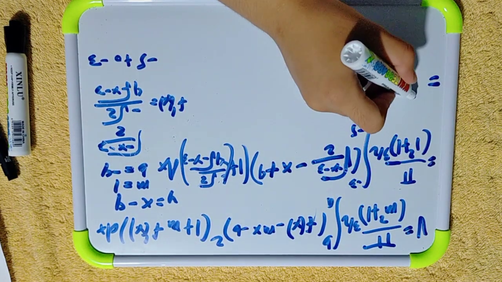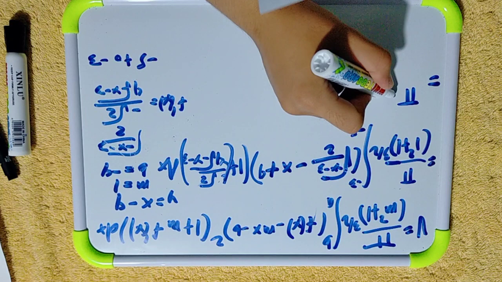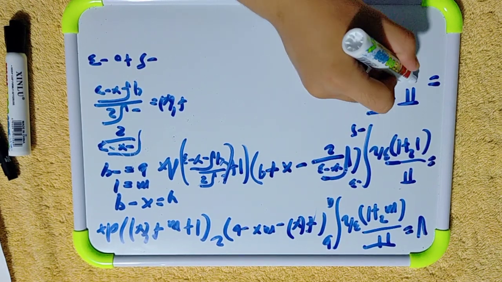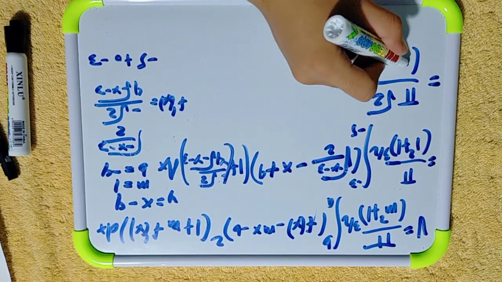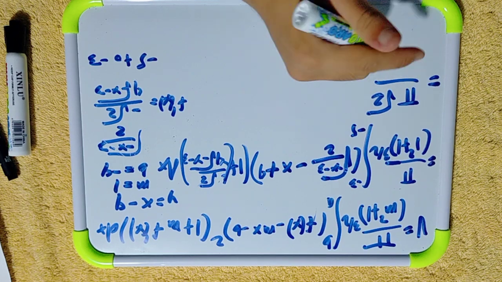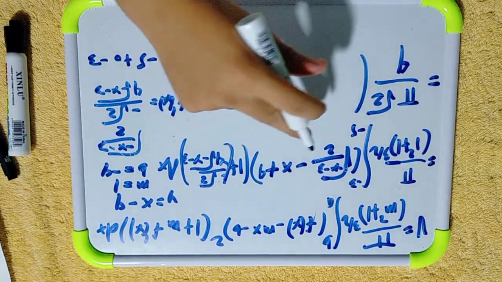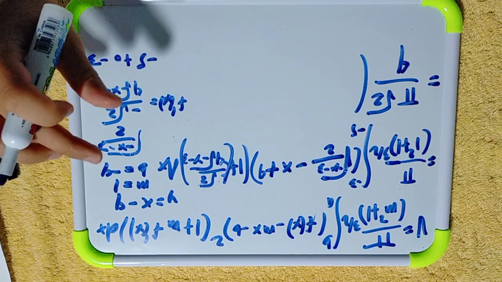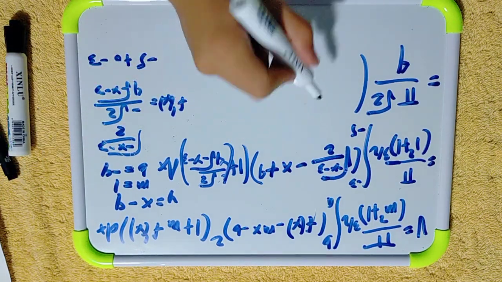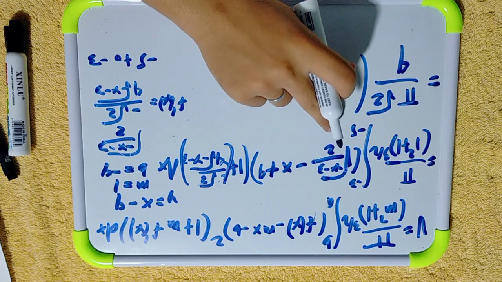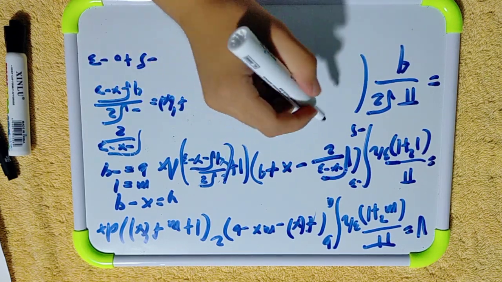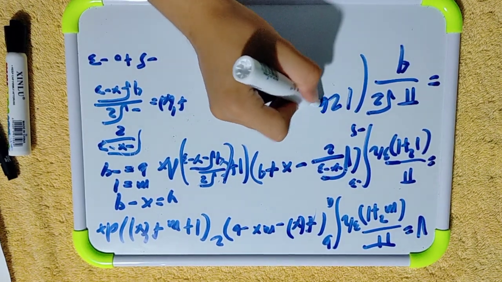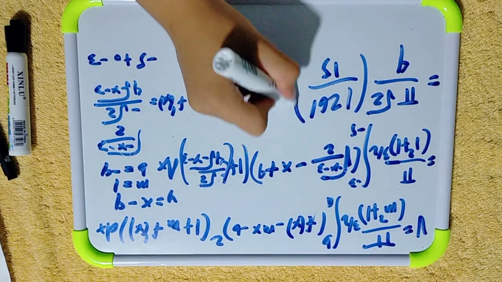Itong part na to is magiging pi square root of 2 all over 4. Hindi ako gaano familiar sa formula, kaya kinalculate ko na lang ang integral. Ang sagot sa integral na to is 1,261 all over 15.